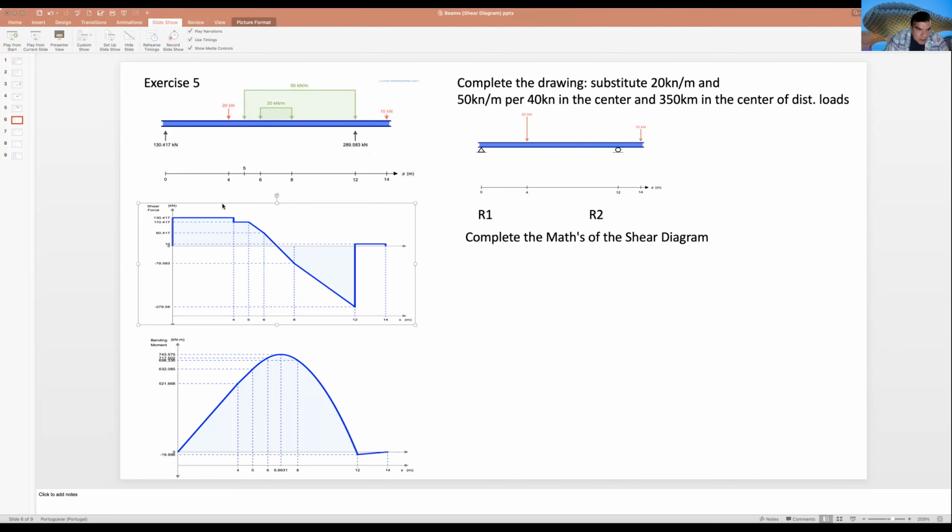Look, the first one is something like this. Let me do it with this tool, it's easier. This is the inclination of the first one. This is the inclination of the second one.